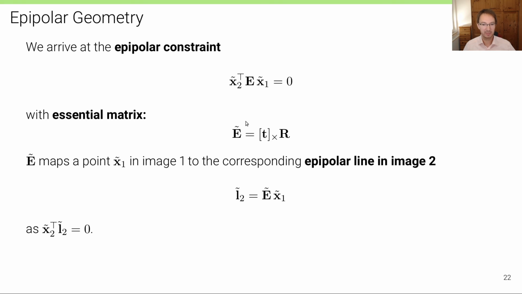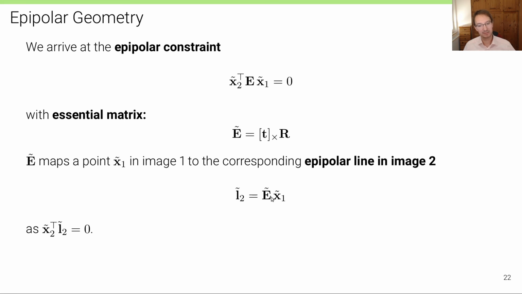And so if we take this E and we multiply it with x1 tilde, we obtain a line expression, because x2 tilde transpose L tilde 2 is equal to 0 because of the epipolar constraint that we have derived. If I plug this in here, I get the epipolar constraint. And here I have the line equation.